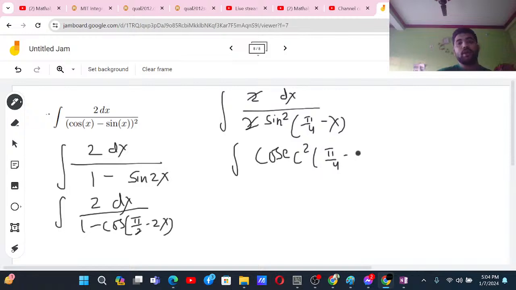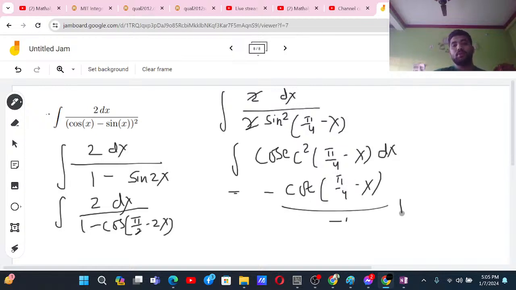Integral of dx by cos square x, pi by 4 minus x. Now we know the answer. That's just minus cot, and since x has a minus 1 over there, it's minus 1 plus c, and the minus 1 cancels out. So the answer is cot of pi by 4 minus x plus c.